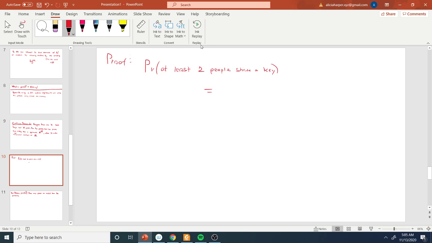And we can re-express this as 1 minus the probability that everyone has a distinct key. Because somehow asking for everyone to have a distinct key is an easier probability to compute.